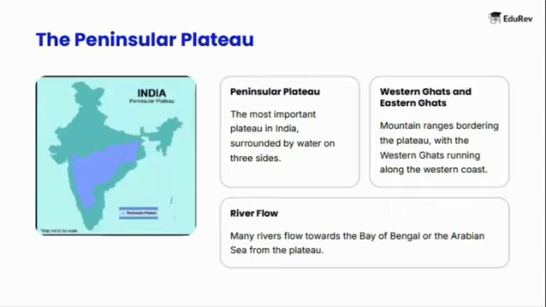In the south, the peninsula is surrounded by water on three sides, by the Bay of Bengal in the east, Arabian Sea in the west, and the Indian Ocean in the south. So, it has many rivers, and also the Western Ghats and Eastern Ghats, mountain ranges bordering the plateau, with the Western Ghats running along the western coast.